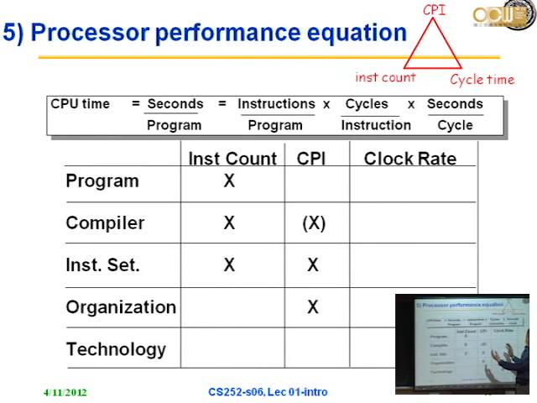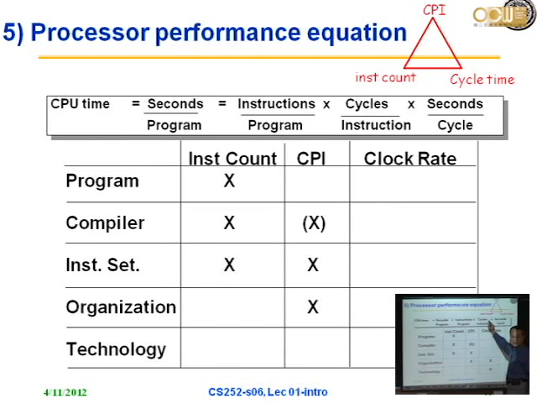Shallower pipeline depth, or simpler instructions. How do you reduce the number of instructions executed? Better programming, better compiling. Use more powerful instructions.